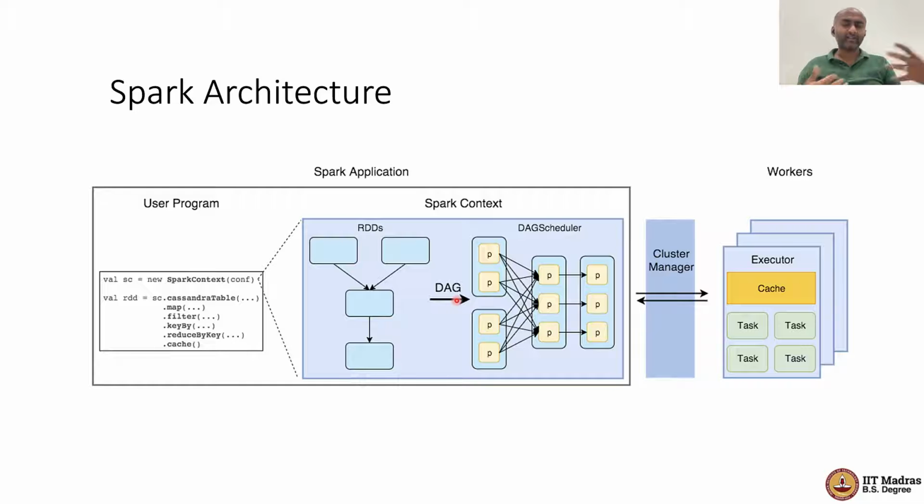So the separation into stages is a critical activity that the DAG scheduler does, and that determines the optimization potential of your application. So once the DAG scheduler is done with its planning, it interacts with the cluster manager and figures out which resources are available and then executes those stages respectively.